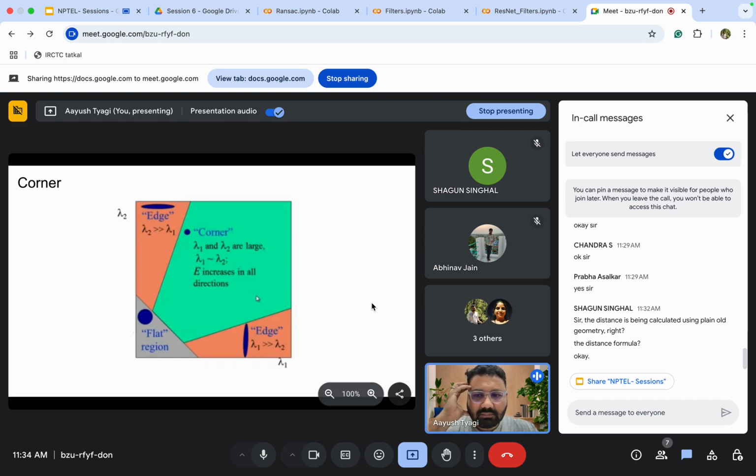In the case where either lambda 1 is very high compared to lambda 2, or lambda 2 is very high compared to lambda 1, you're moving only in one direction, either horizontally or vertically, or even if the plane is tilted, prominently in one direction.